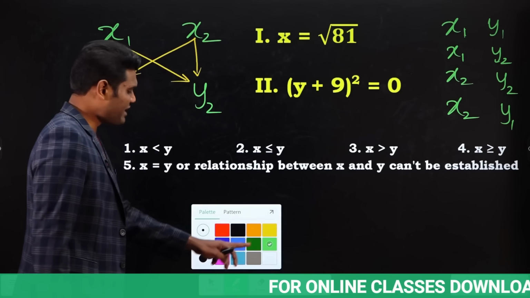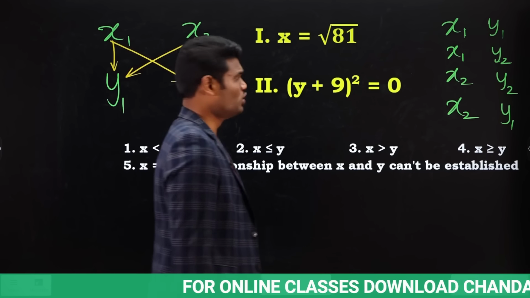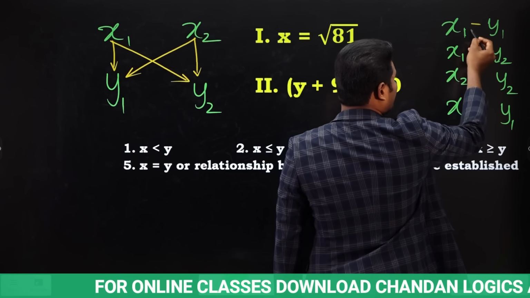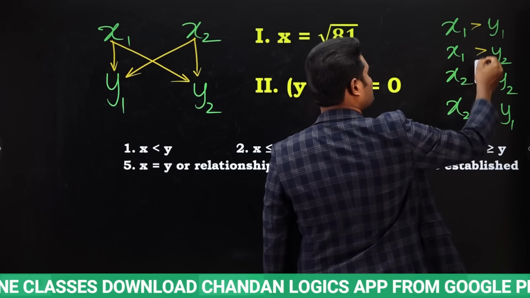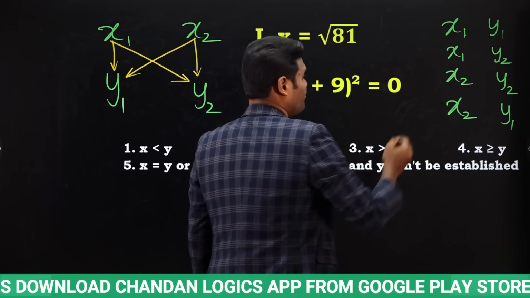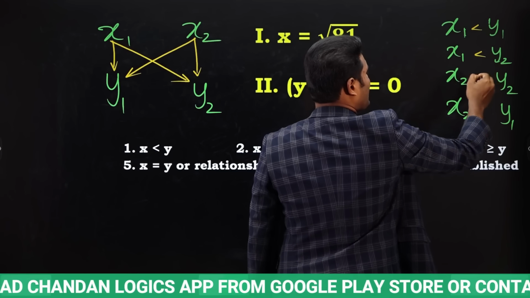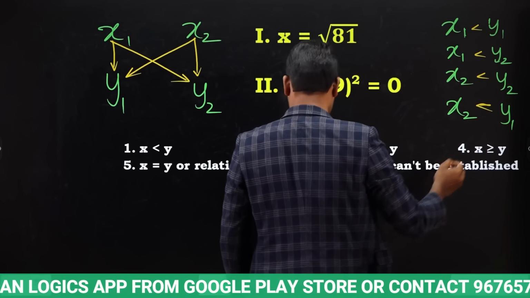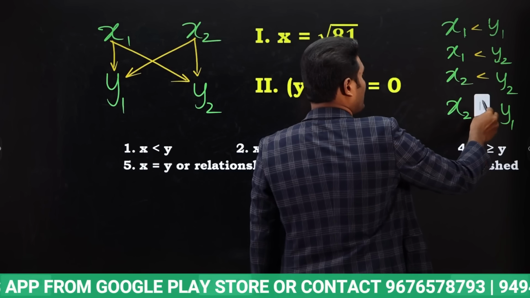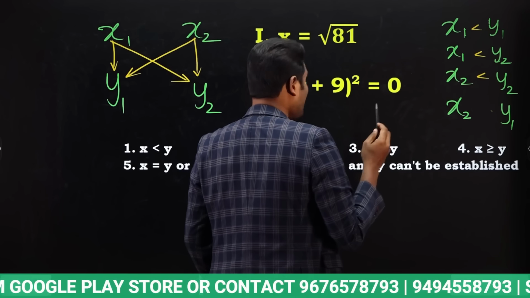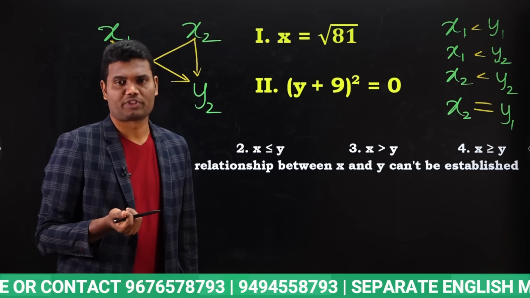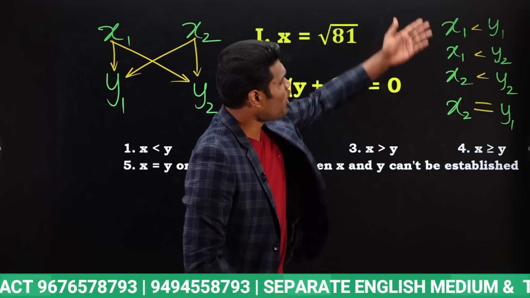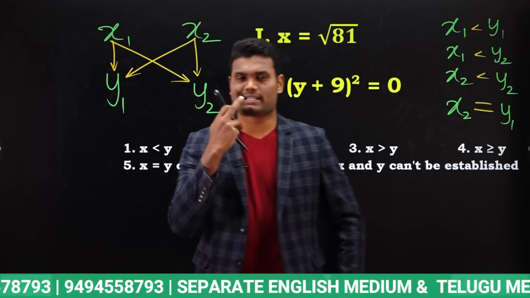Now if you observe, so many students will get confused here. Look, if all of these are greater than, then you can say the answer is x greater than y. If all of these are less than, then you can say the answer is x less than y. If you have less than with one equal, then you will say x less than equal to y. So simply, if all of them are less than, the relation will be x less than y.